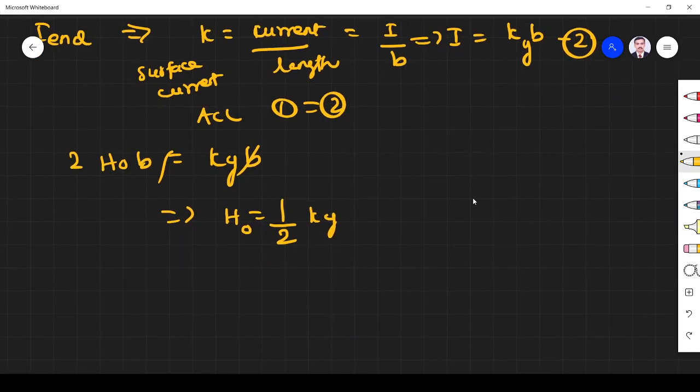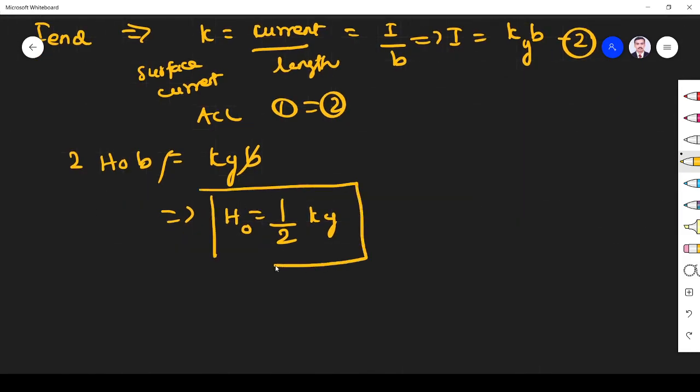This is the magnitude of the magnetic field produced by an infinite sheet, right? So in vector form, how can we write? H vector is equal to 1 by 2 Ky. This magnetic field has only x component, so we have the x direction, ax. Fine.